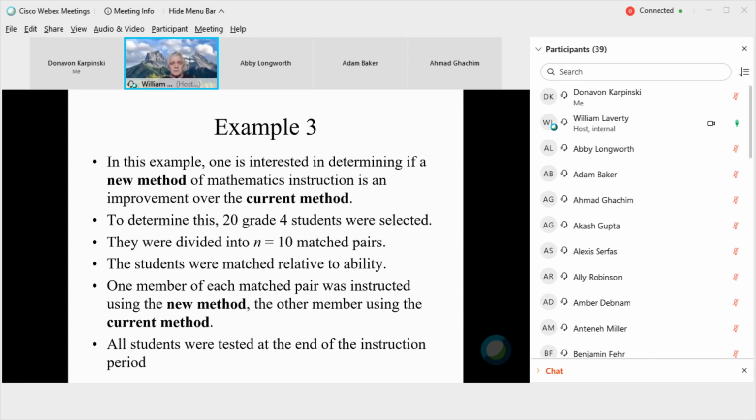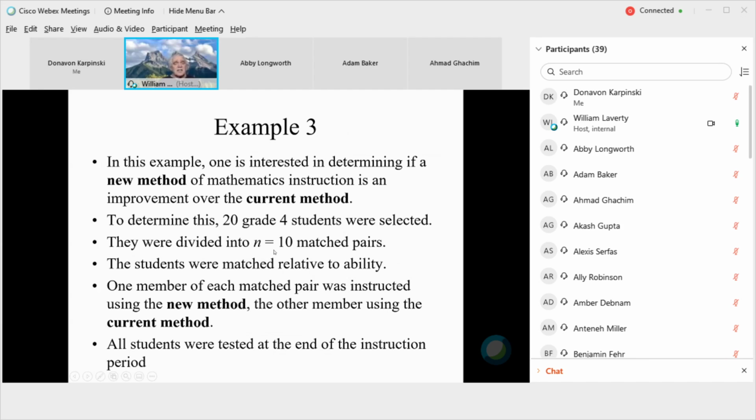Another example. Here we're interested in determining if a new method of mathematics instruction is an improvement over the current method. To carry out this study, 20 grade 4 students were selected.